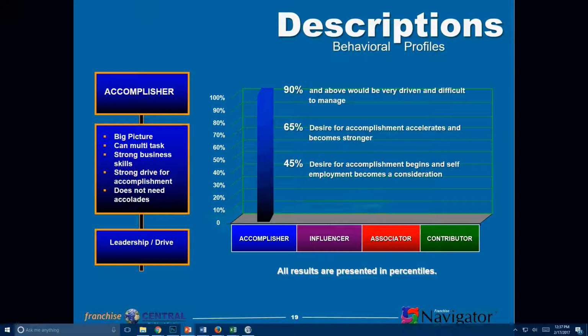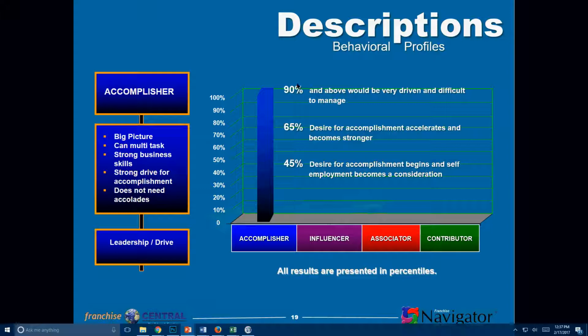So depending upon how they score in the Accomplisher is going to give you a great insight in terms of exactly how much of a drive they've got. When it's below 45%, not much drive at all. They're better off being either an employee or finding a partner that has much more drive than they do.